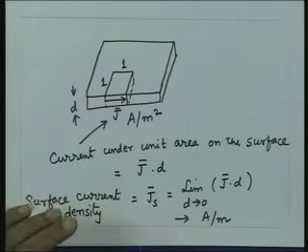So, now we are having overall the quantities like the charge density, which means volume charge density. We have a quantity like current density, which means conduction current density. We have a quantity like displacement current density. Then we have got surface charge density, and then we have got the surface current density.